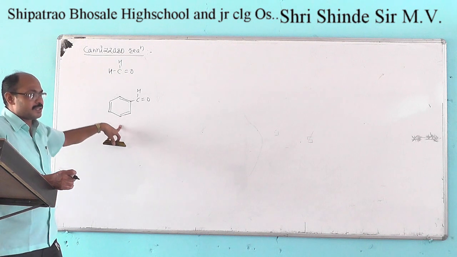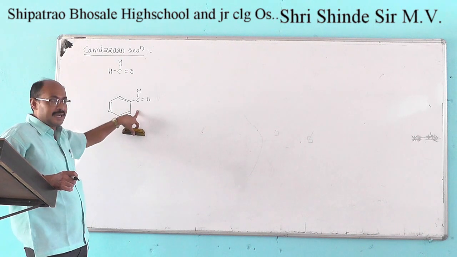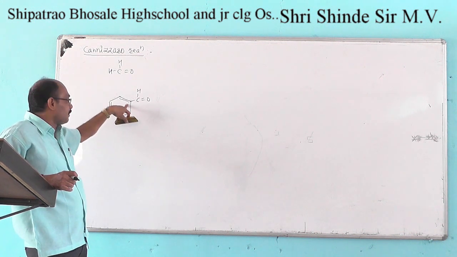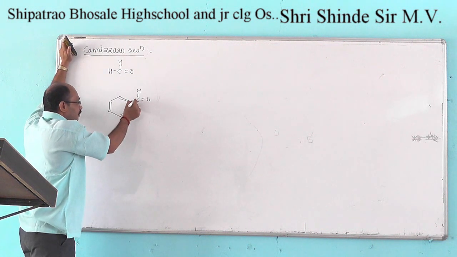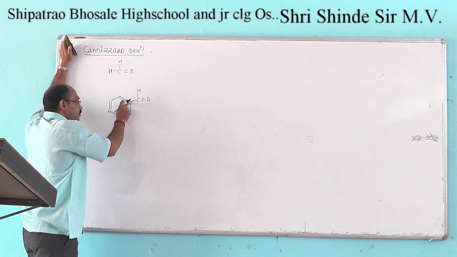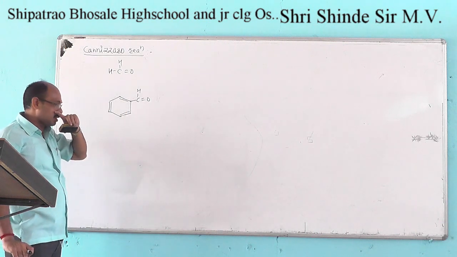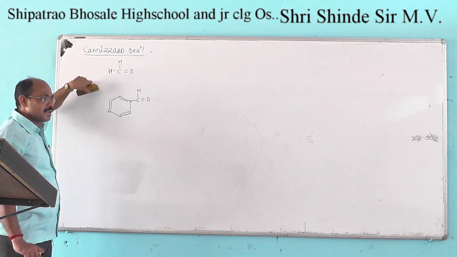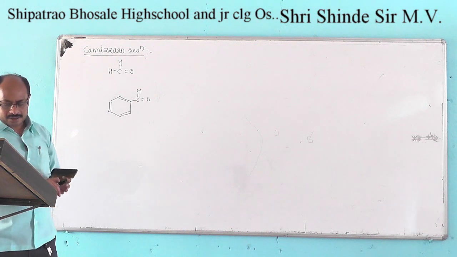Also, in benzaldehyde, the carbon is attached to an sp2 hybridized carbon. When we count 1, 2, 3 and 4, there is also an absence of alpha hydrogen. So these can be considered as aldehydes which do not have any alpha hydrogen atoms.